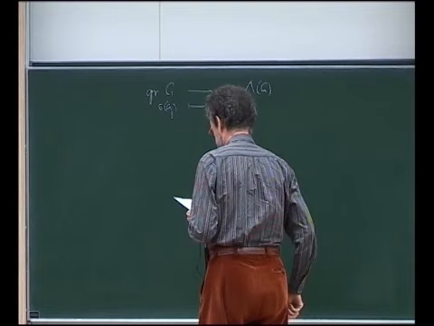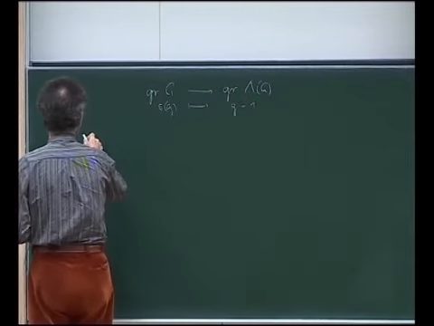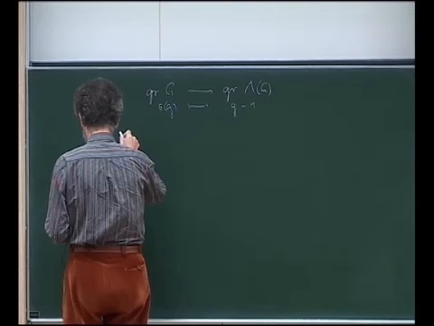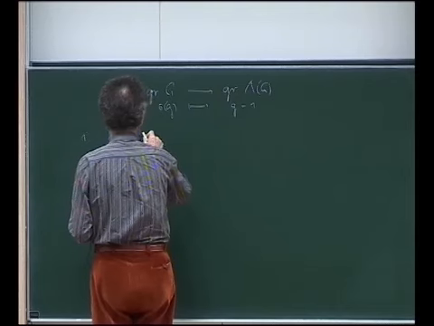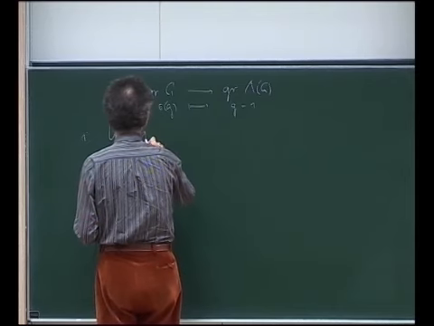Lambda g simply sends the group element, I mean the principal symbol if you want, to g minus 1.